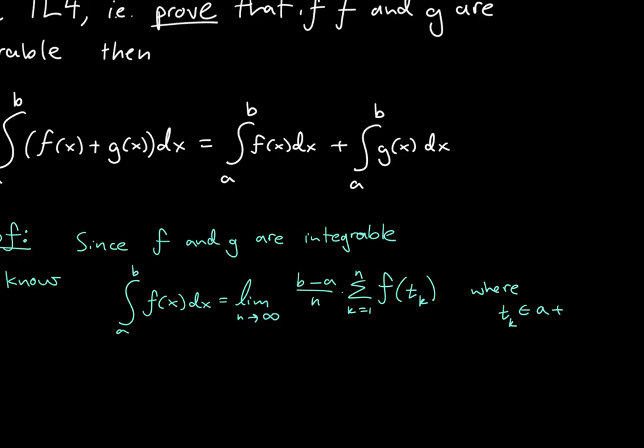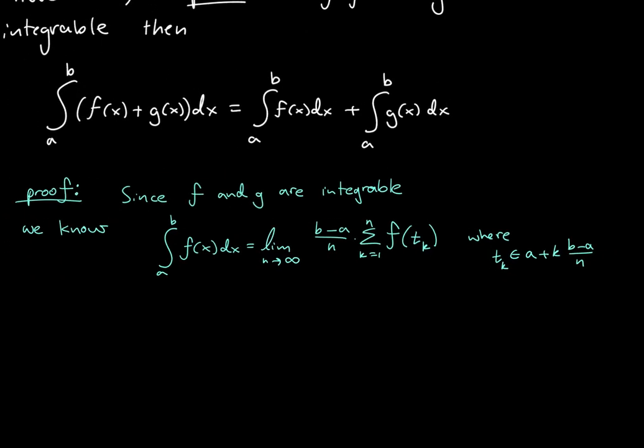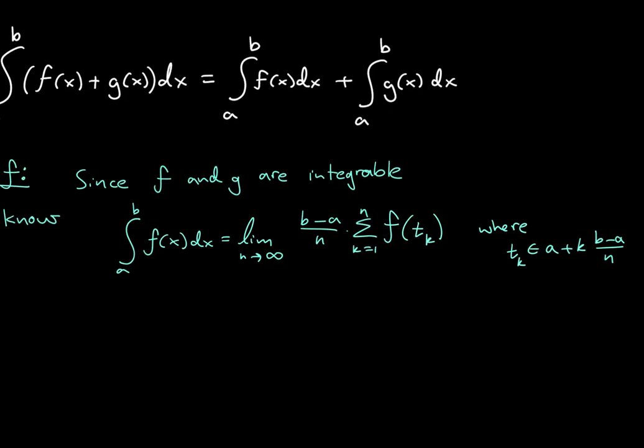So that would be a plus k times this interval length, (b minus a)/n. I think this is good.